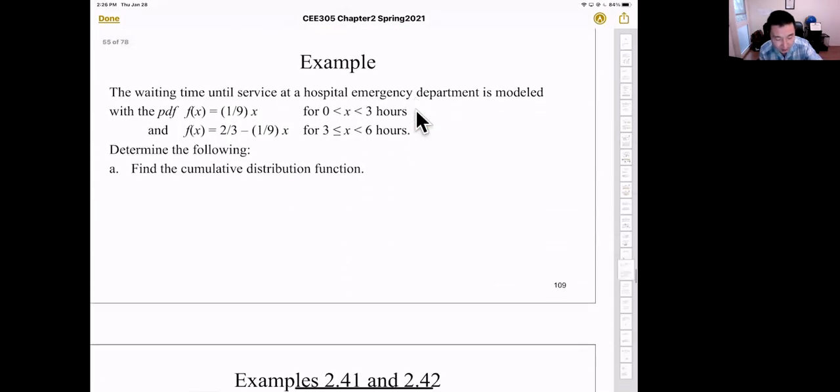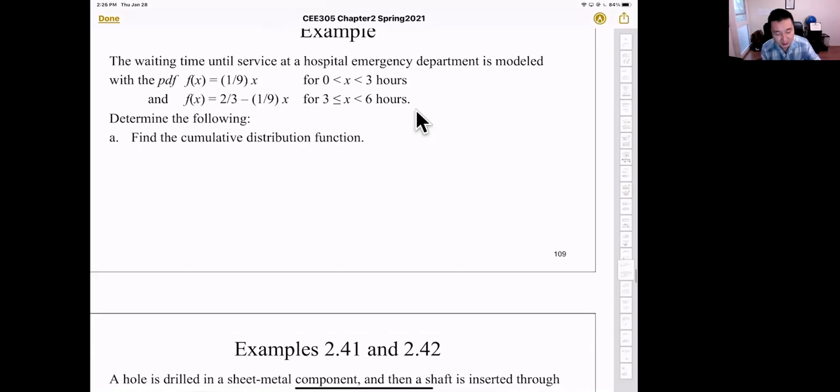For the previous example, if the question is asking for the cumulative distribution function, we do the integration from negative infinity to x of fx dx. That will differ based on where x is.